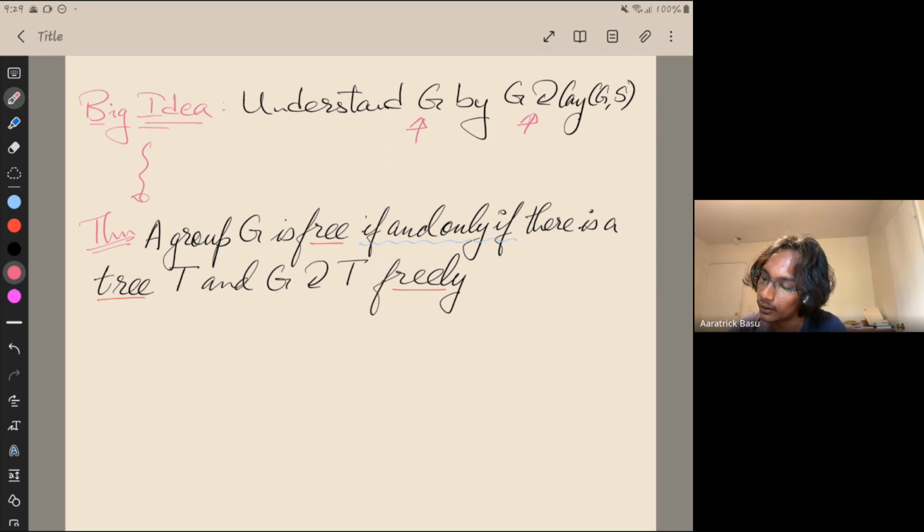One of the important theorems in this line of thought that I wanted to briefly mention, because I feel that this is a beautiful theorem, is that a group G is free, by which I mean there is some set X such that G is isomorphic to F of X, if and only if there is some tree, like I defined, a graph without cycles, and an action of the group G on the tree freely.